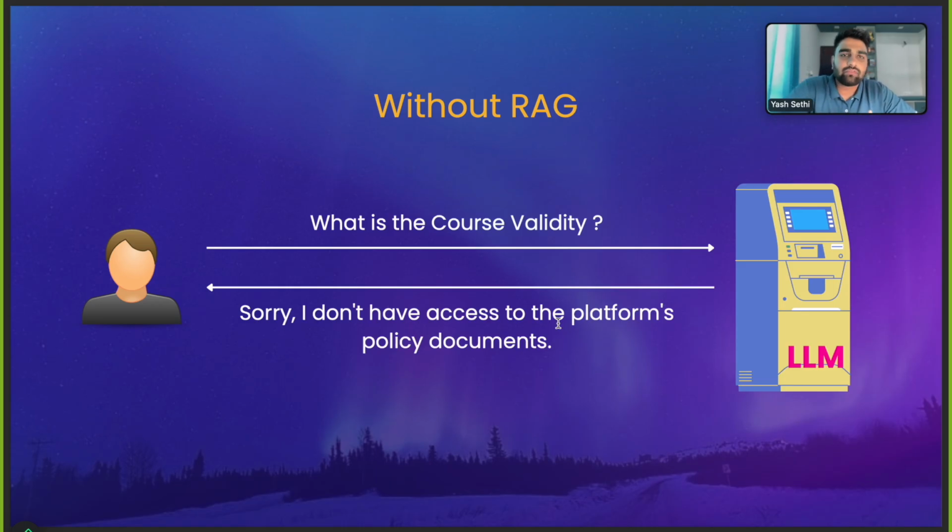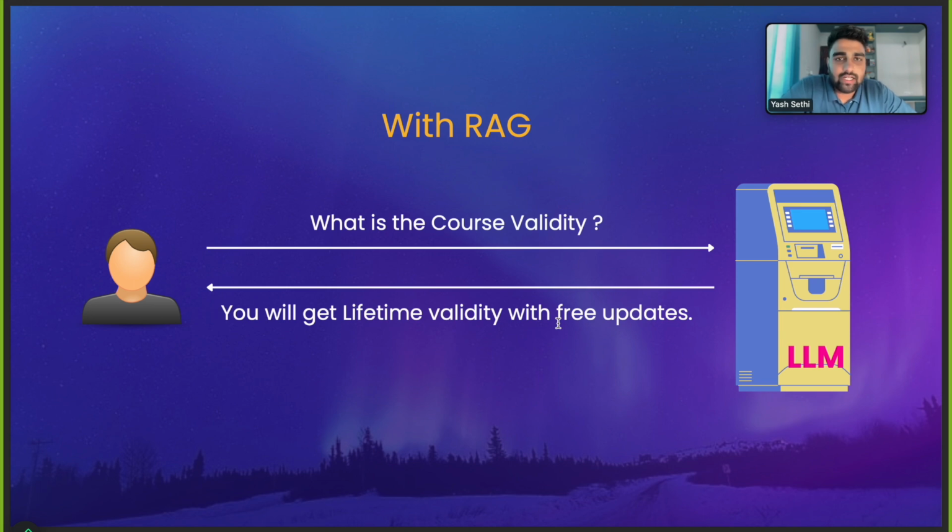And what if I configure RAG inside my Salesforce, or into my agentic AI, right? With RAG, the answer will change. Now, whenever a user gives a prompt asking what is the course validity, this prompt will go to the LLM along with your internal policy document, right?